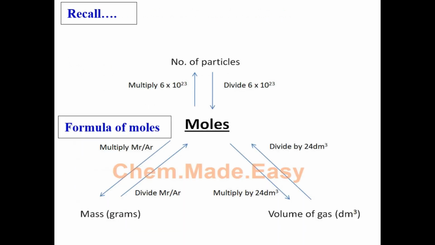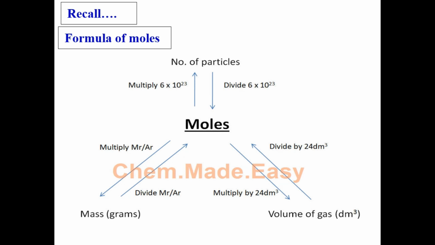Now we recall what we learned about moles and the formulas related to moles. There are three main parameters to calculate moles. The first formula comes from the number of particles. In order to calculate moles, we must divide by the Avogadro constant, or vice versa. The next parameter is mass.